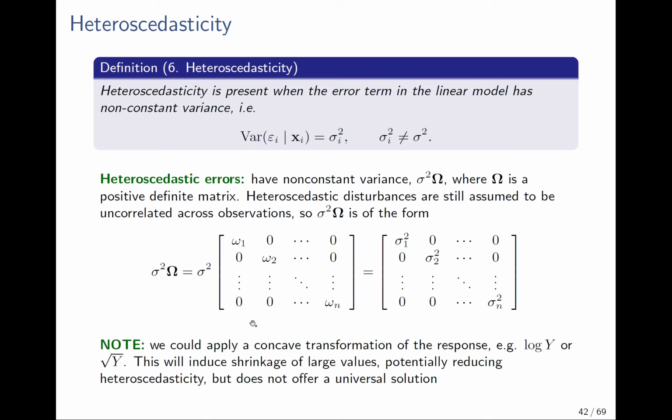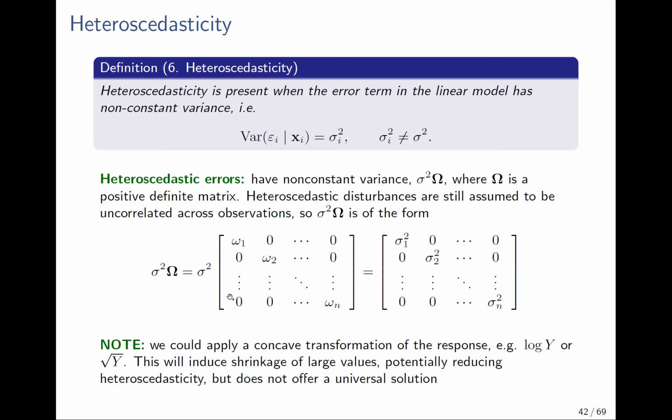Its off-diagonal elements are zero, but the diagonal elements are no longer all equal. Each of these smaller omegas can be thought of as a weight, and each observation can have its own error variance, sigma squared i, but the off-diagonal elements remain zero.